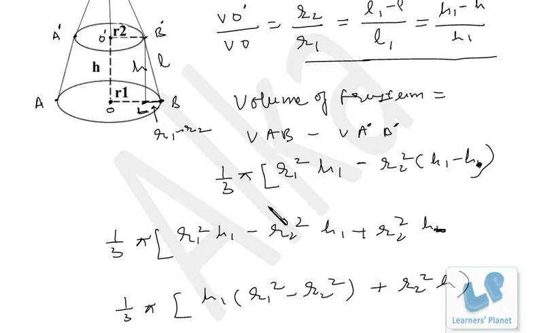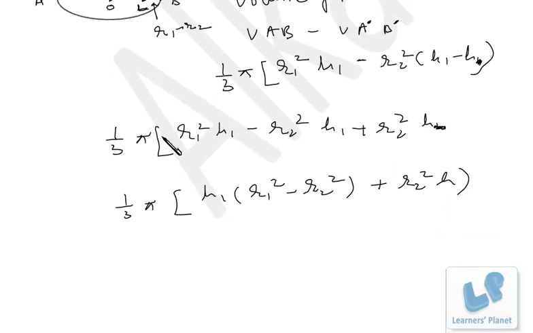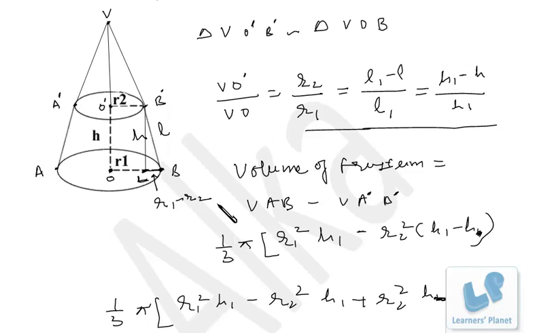Right? Now it depends on whatever values are given to you, according to that you need to proceed. I will not tell you how to substitute the value from one relation to another, that you can do on your own, depending upon the quantities given in the question. So this is precisely the volume of the frustum: the volume of the entire cone minus the volume of the smaller cone.